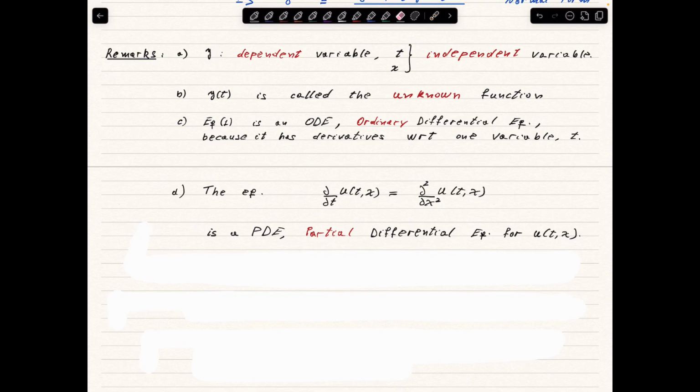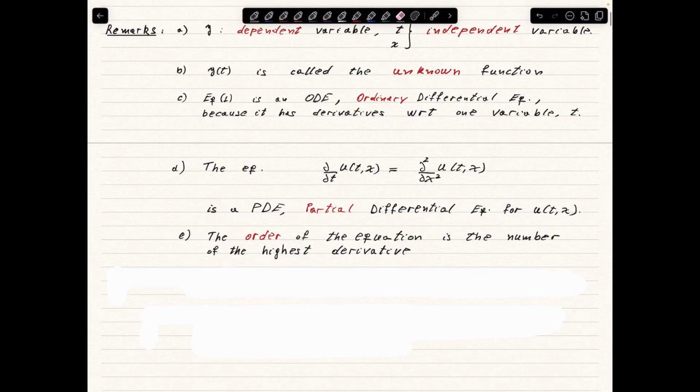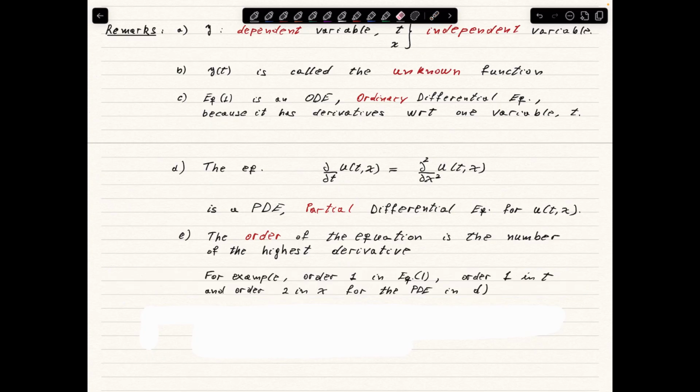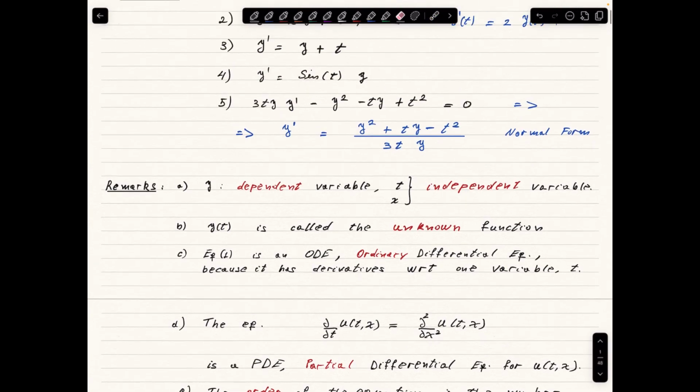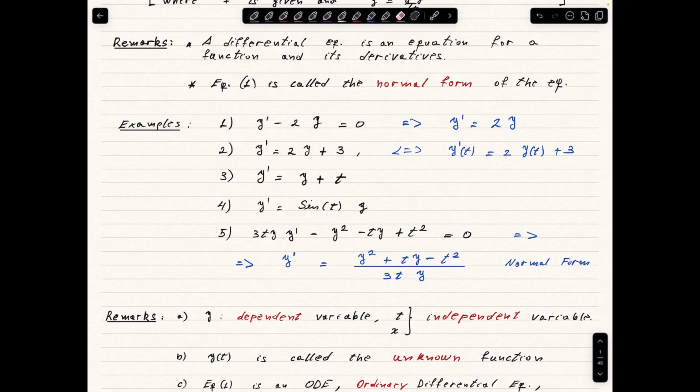Another definition we are going to need is the order of a differential equation. The order of the differential equation is the number of the highest derivative. For example, all these equations we have seen here contain only the first derivative of the unknown function.